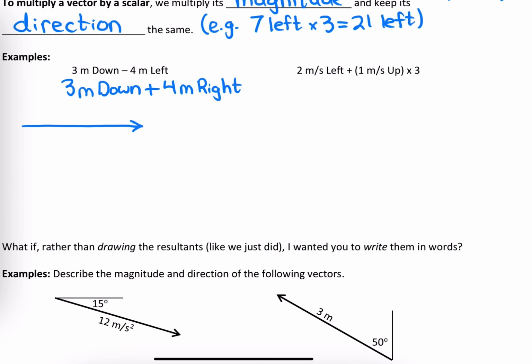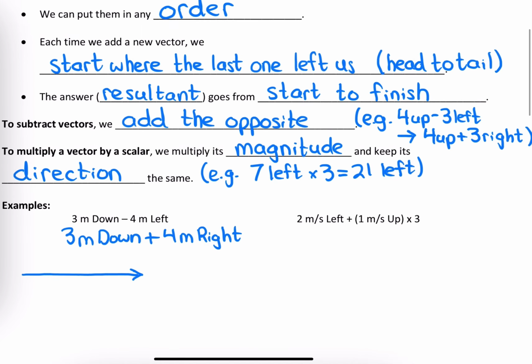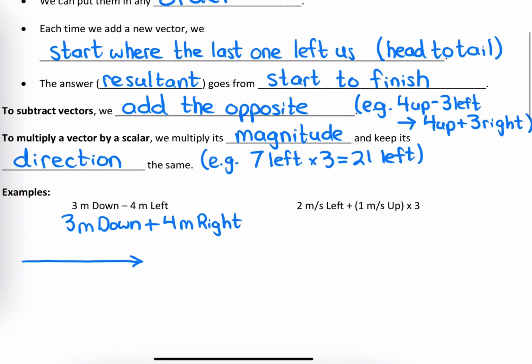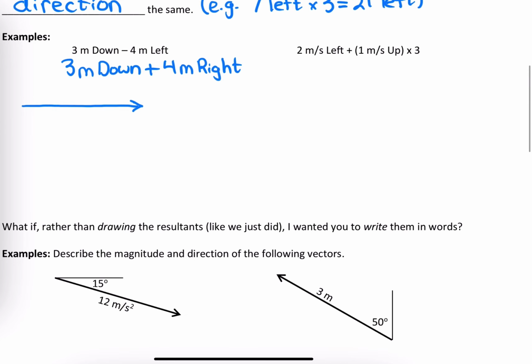So there's a vector showing 4 meters right, and I'm going to add to that one. Remember, when I add, the vectors being added have to go head to tail. So head to tail, here's my 3 meters down. This is 4 meters. This is 3 meters. And then my resultant goes from start to finish.